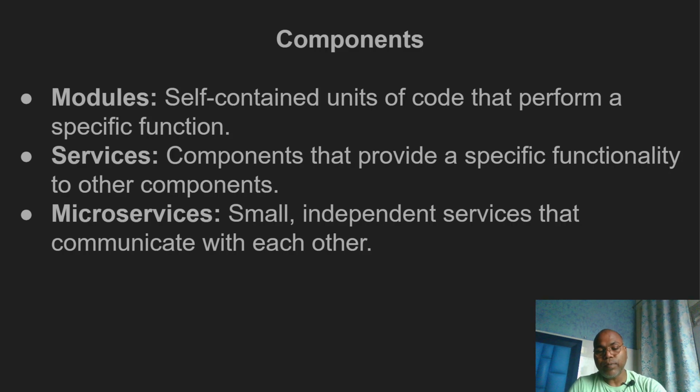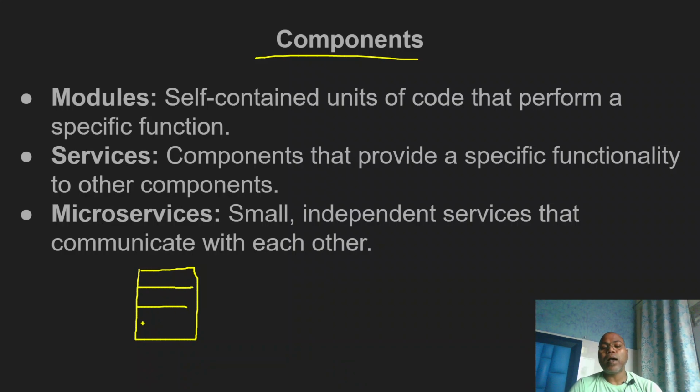So the objective of the component in software architecture is that you are going to break down your customer requirement as low as possible, so that one independent function requirement can be written independently, tested, and deployed.